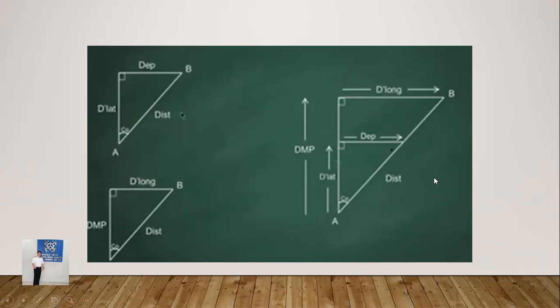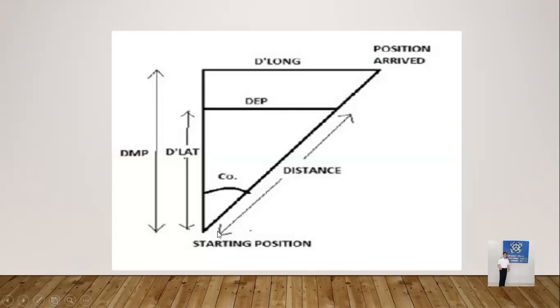Here, A is the starting position and B is the arrival position, and then you get your course angle, the departure, the difference of latitude, and also your DMP, the difference of meridional parts. And then again, the departure and the D long.